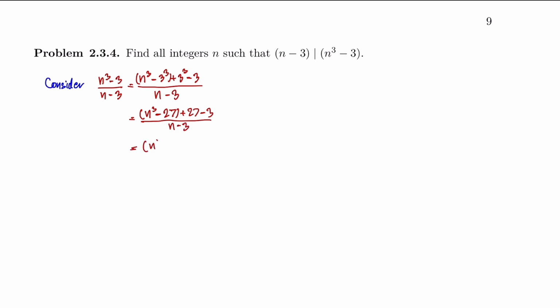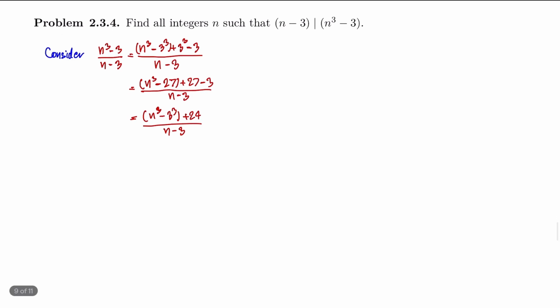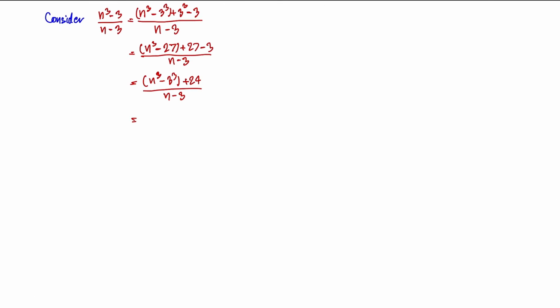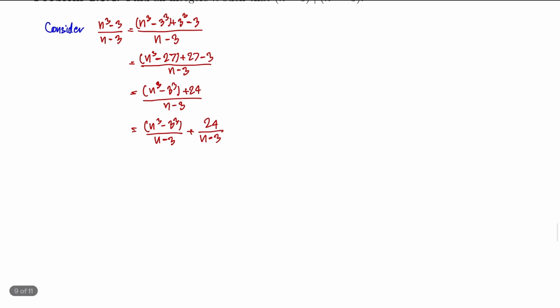Which is n cubed minus, let me rewrite 27 as 3 cubed, and 27 minus 3 is 24, divided by n minus 3. And then I write it as n cubed minus 3 cubed over n minus 3 plus 24 over n minus 3.